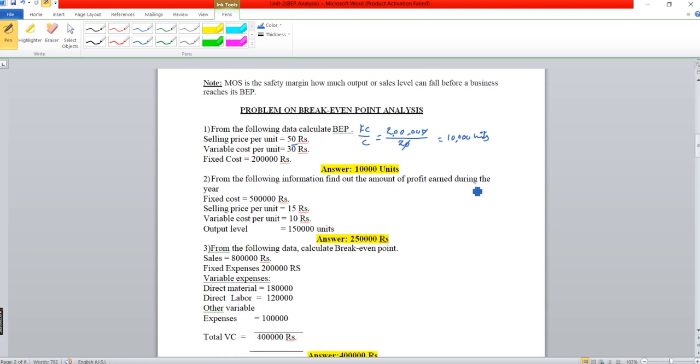Right. The next one, with this data we are required to find out the profit, and before that, to find out the profit we are required to have the total revenue. We know the total output in this is given as 1,50,000.